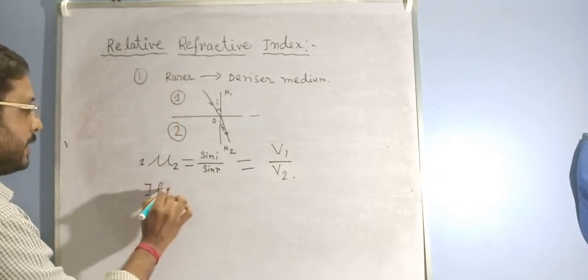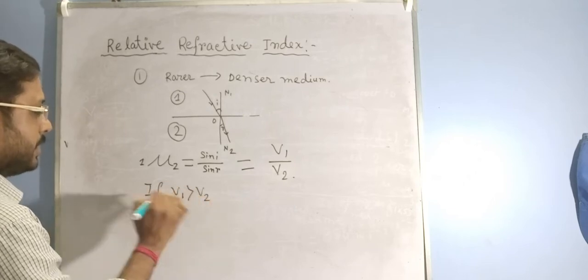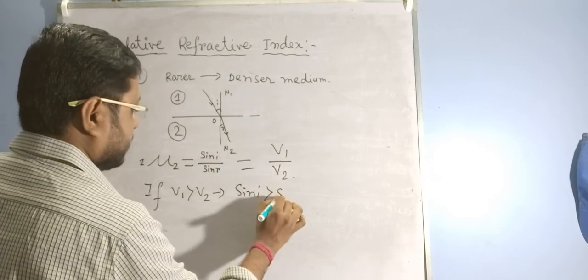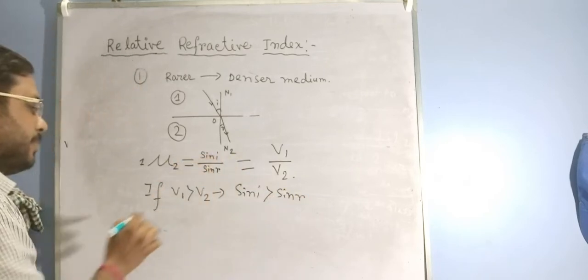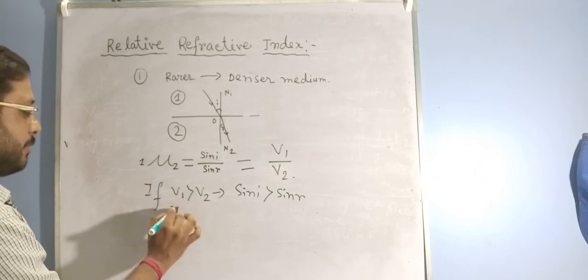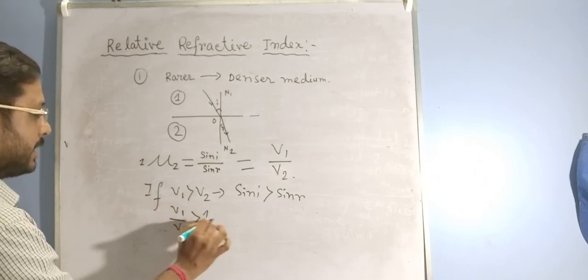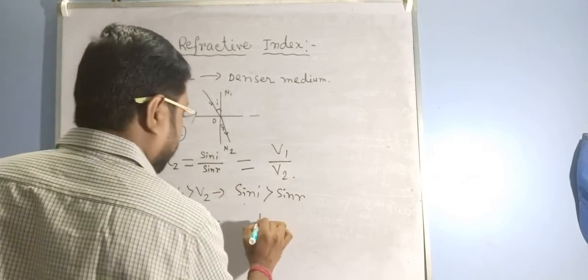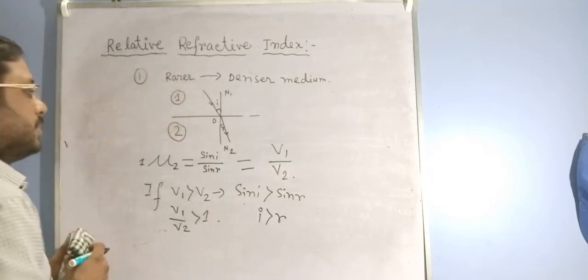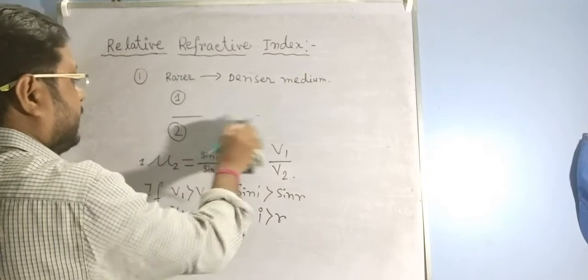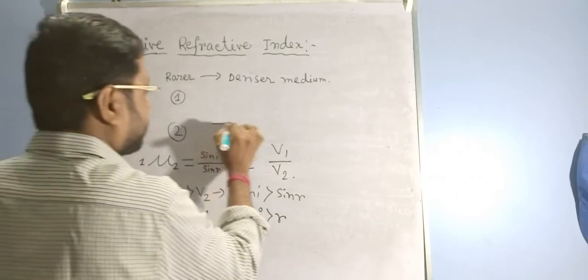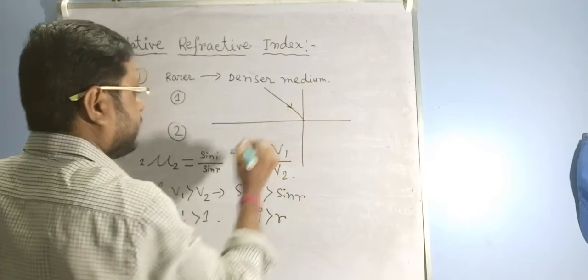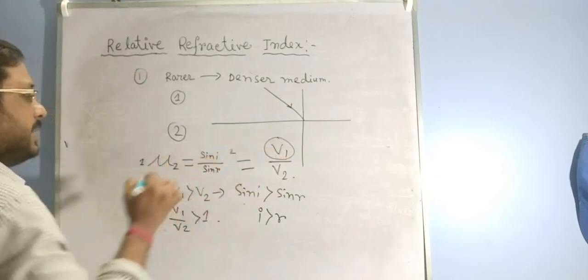Now, if V1 greater than V2, then what happens? V1 greater than V2 means V1 by V2 is greater than 1. So, sin I by sin R is greater than 1, that is sin I greater than sin R, or I greater than R. So, in this case, light goes from rarer to denser medium. How can we know rarer? That is, velocity in medium 1 is greater.